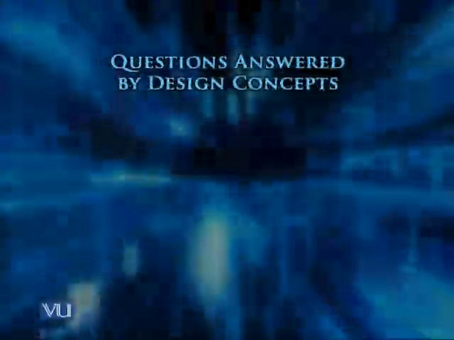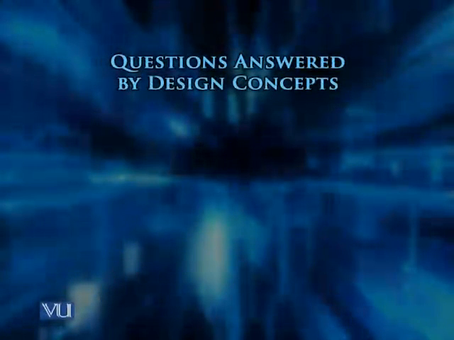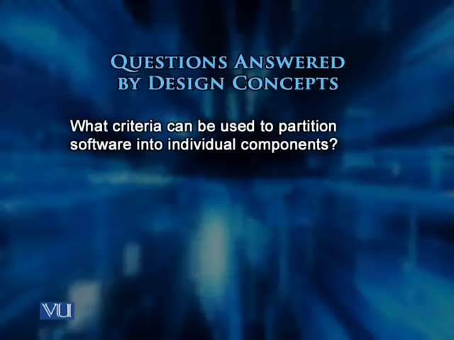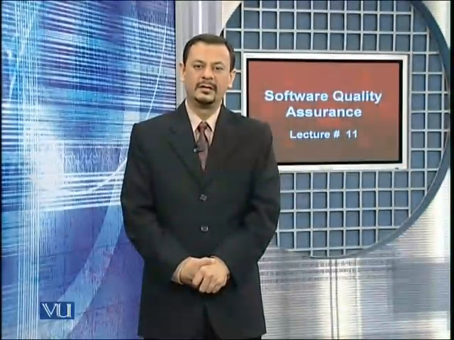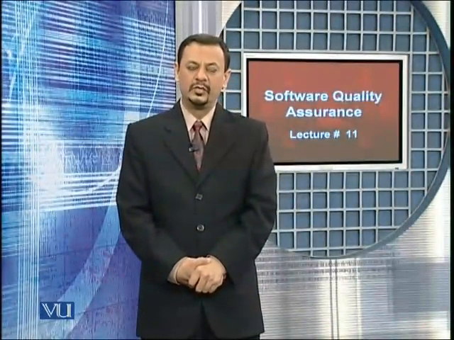But before we do that, let's lay out 3 questions. The answers to these questions would be provided by the design concepts that we will discuss. The questions are: what criteria can be used to partition software into individual components? That is, how would we use modularity?